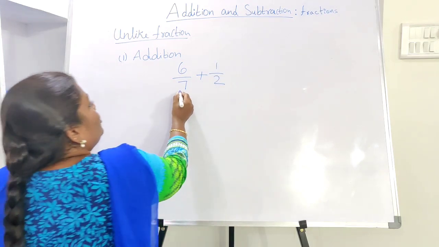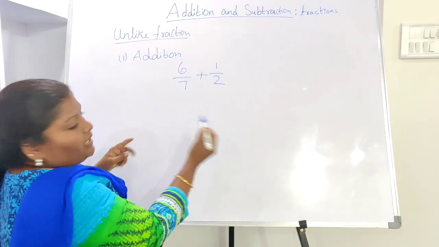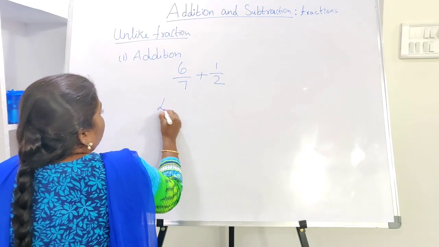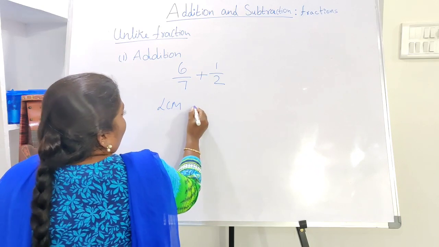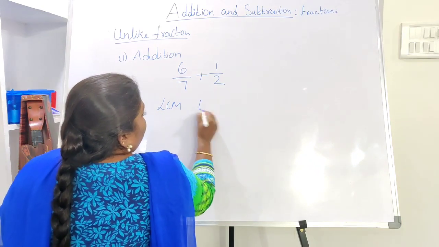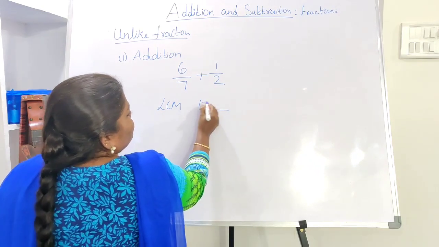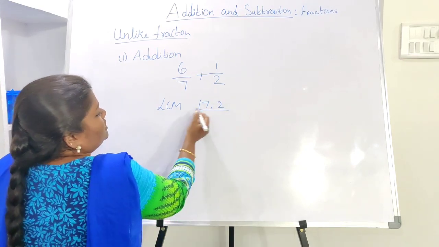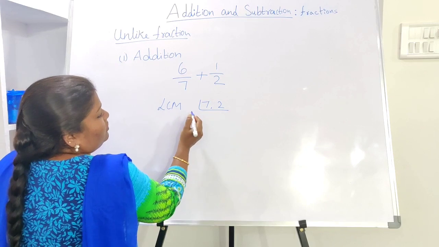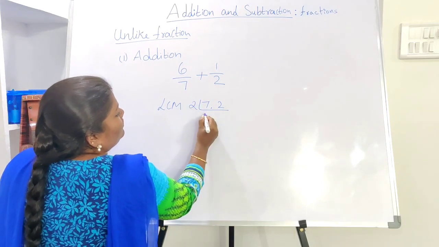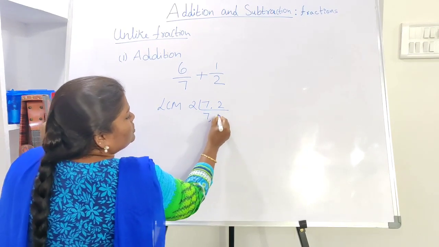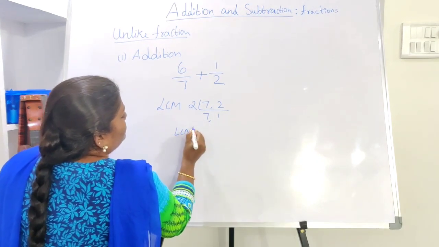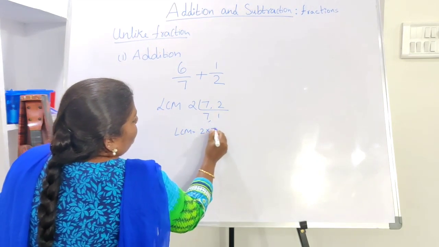Here you can observe that the denominators are different. In this case you have to find the LCM of the denominators. The denominators are 7 and 2. Find the prime factorization of these: 2, 7 will not go, so 2 ones, 2 sevens. The LCM is 2 into 7, that is 14.